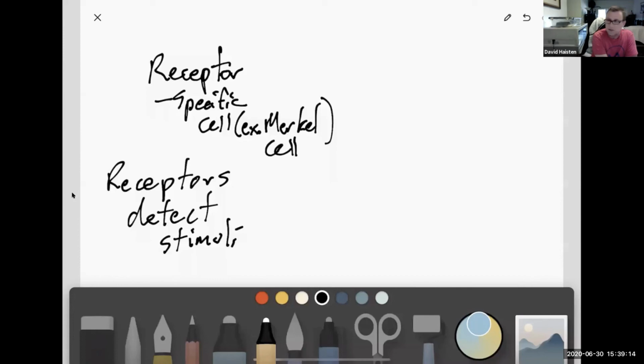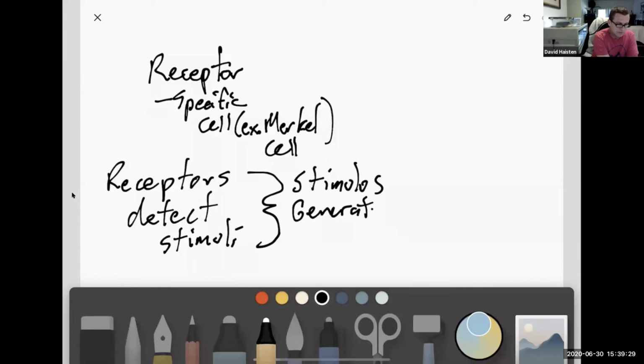So that stimulus is then sent via a nerve. The stimulus generates a nerve impulse. The nerve impulse is known as an action potential.